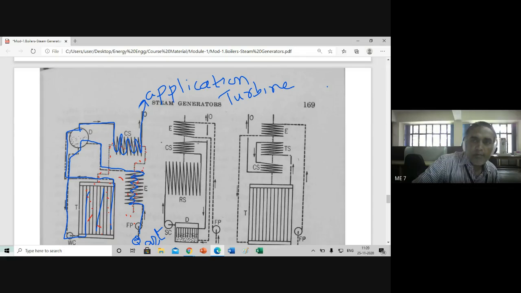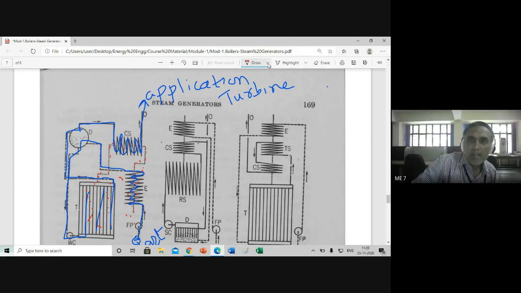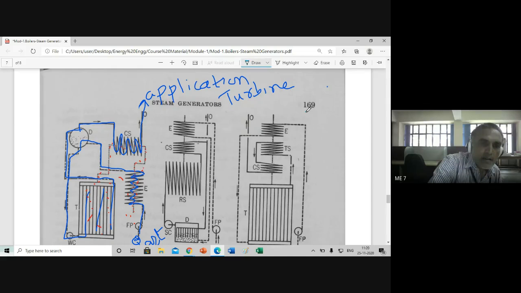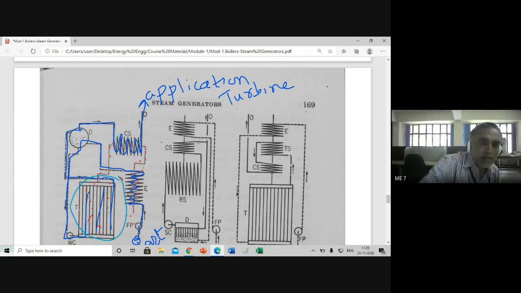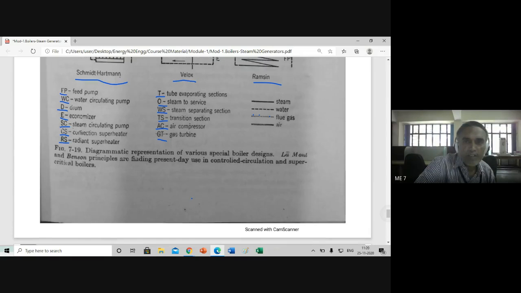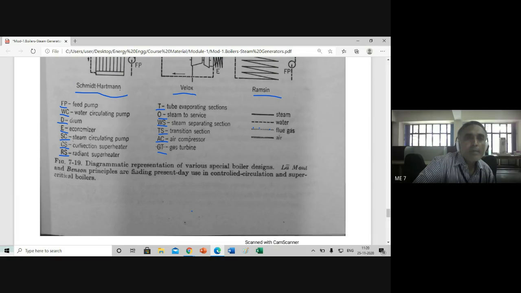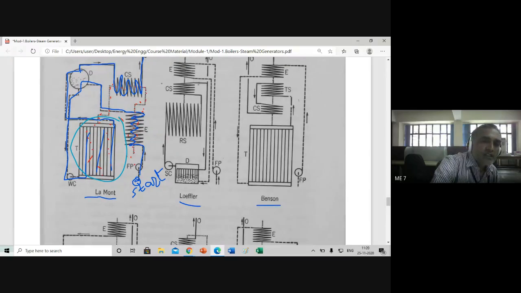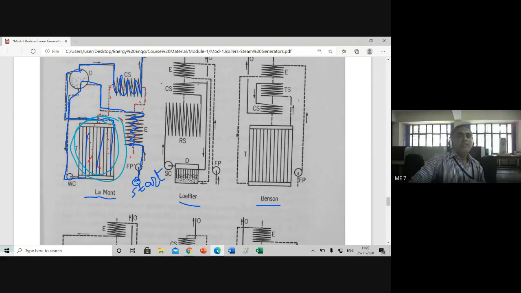This entire thing, water tubes, tube evaporating sections. These two evaporating sections can be kept, this entire thing is kept separate. So that is the advantage of this one, Lamont boiler.